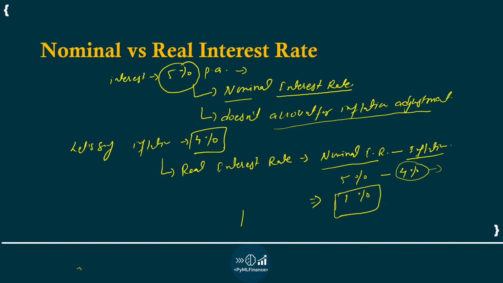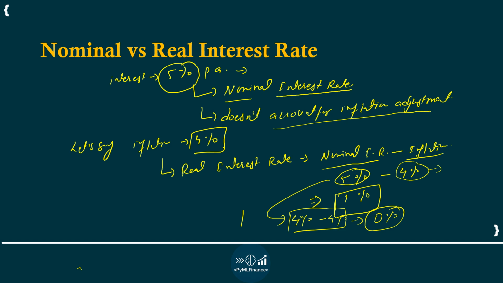Imagine if the interest rate on the deposit had been 4% instead of 5% and the inflation was also 4%, you would end up earning 0% in terms of real interest rate.